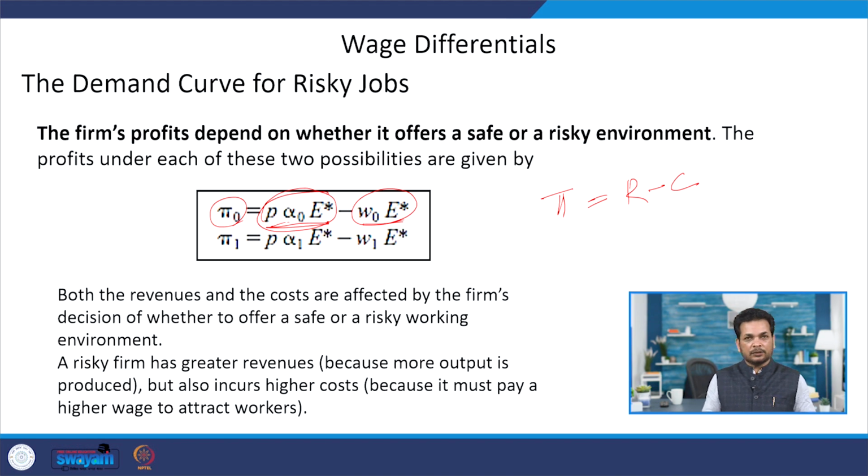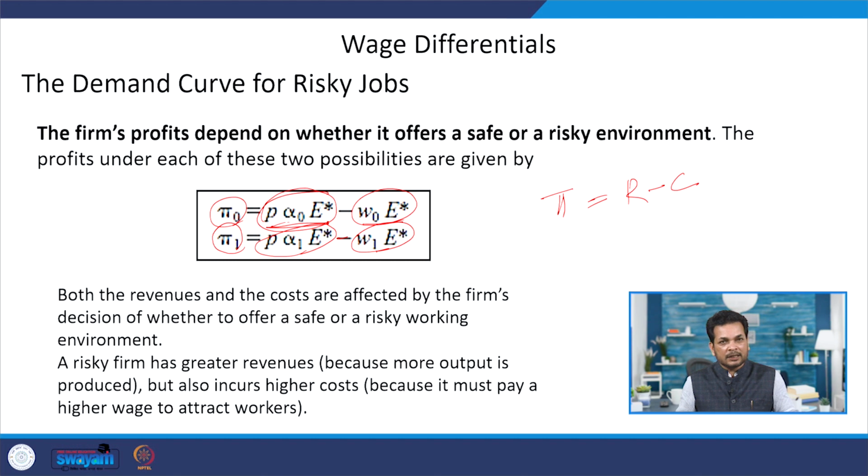Whereas, if the farm is going to have a risk environment, then the revenue is going to be P alpha 1 E star minus W1 E star. So, this is the cost of having a risk environment. Now, the profit for the risk environment is pi 1. Both the revenue and the cost are affected by the farm's decision of whether to offer a safe or a risk working environment.